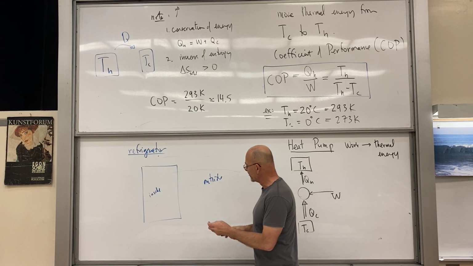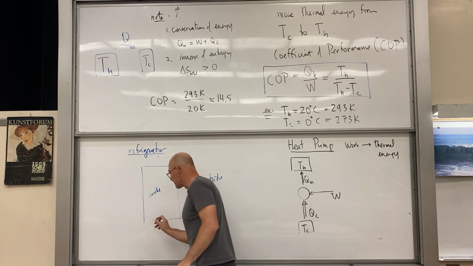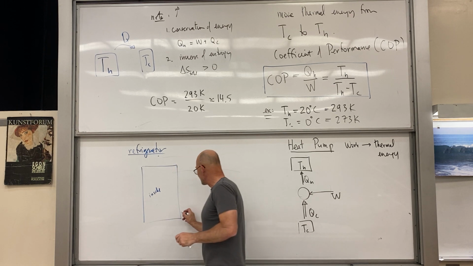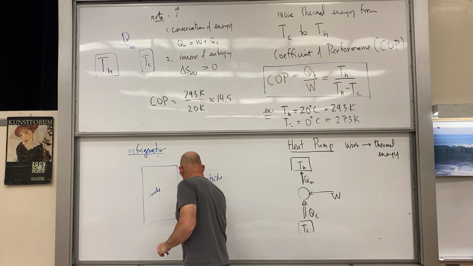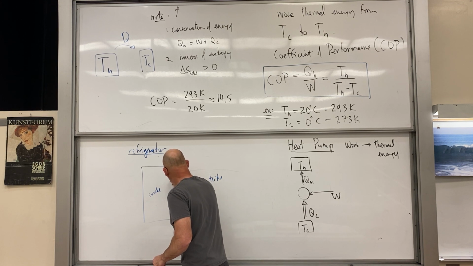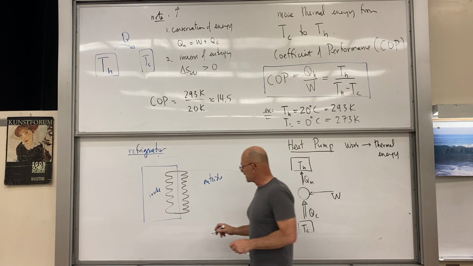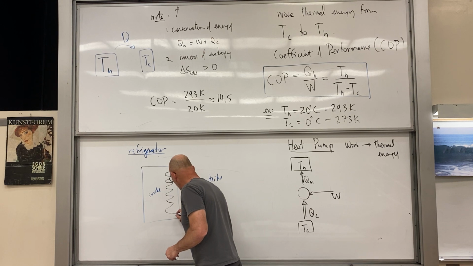Then you have some coils that are filled with a fluid or filled with a gas, okay? And I'm just going to do this schematic. Okay, so this is outside, this is inside, okay? These coils are filled with a gas.